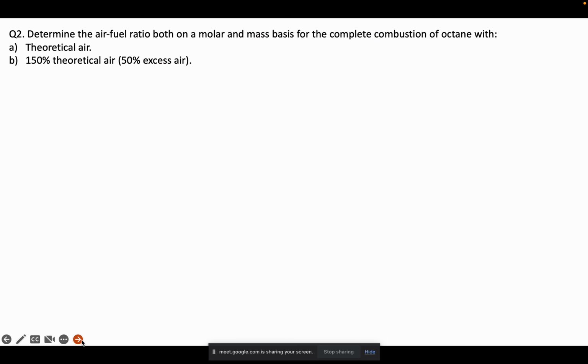Okay, so let us go to the next question. Determine the air fuel ratio on a molar basis and on a mass basis. Now it is mentioned that both on the molar basis and on the mass basis you have to calculate for the complete combustion of octane for theoretical air and 150% theoretical air, that is 50% excess air. Okay.